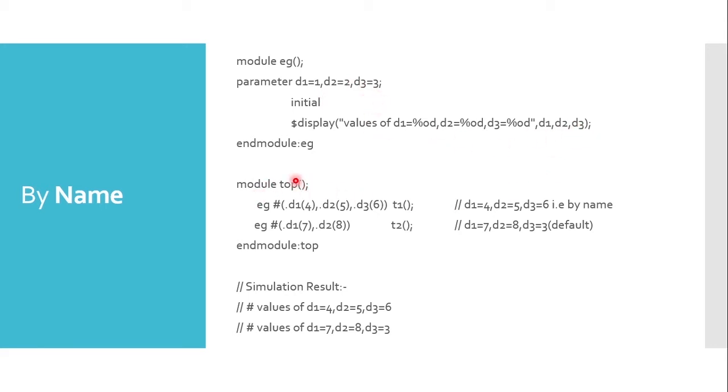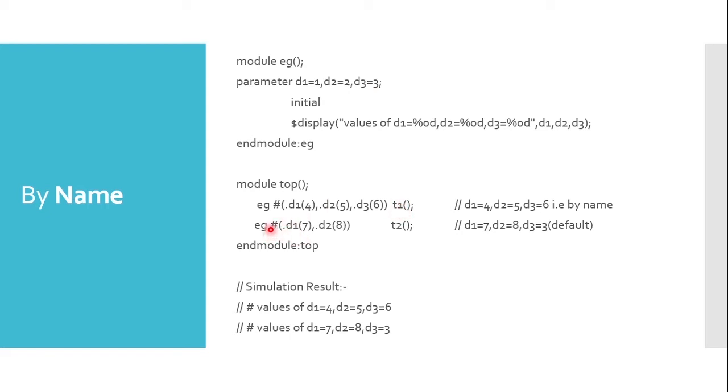And in the top module I am declaring example hash dot d1 4, this d1 1 replaced with 4, override with 4, then dot d2 5 will override to this d2, and dot d3 6 will override to this 3, and this is the instance name, right?